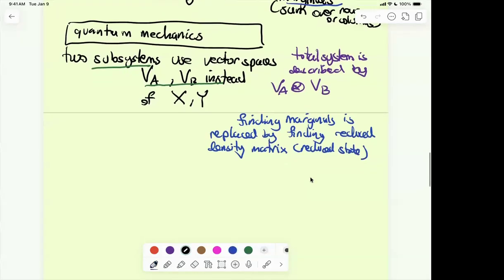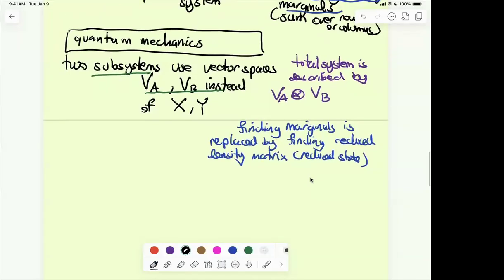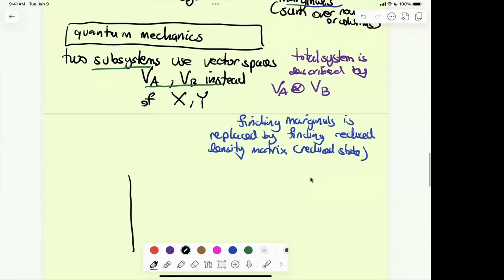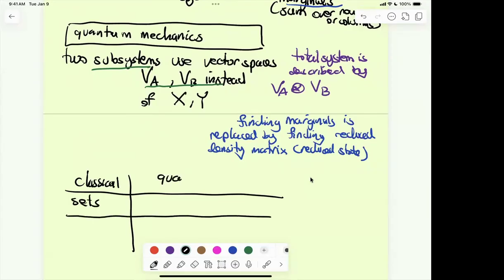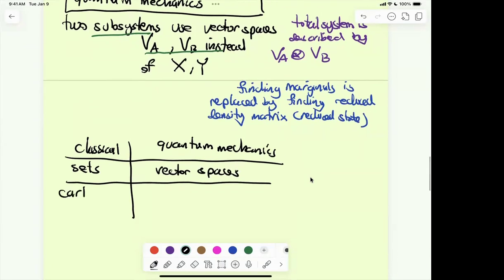Maybe to make it into a table: in classical probability you have sets, while in quantum mechanics you have vector spaces. Instead of Cartesian products, you use tensor products.